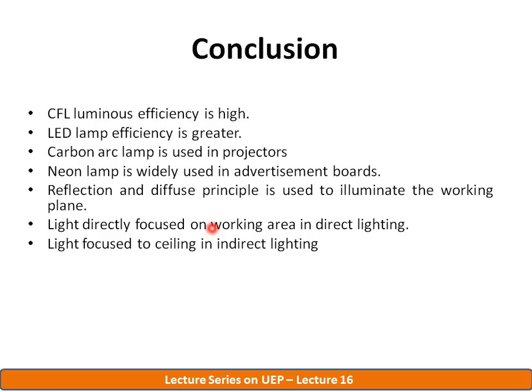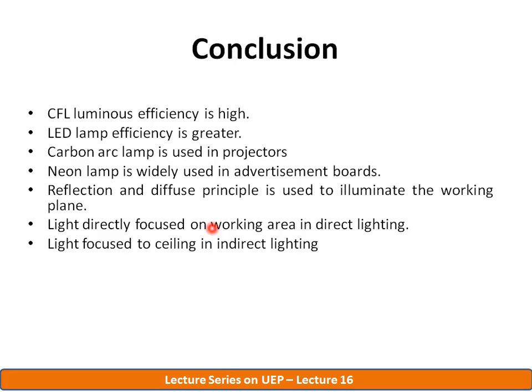From this lecture, we can conclude that the compact fluorescent lamp has greater efficiency than the fluorescent lamp. The LED lamp is compact in size, and its luminous efficiency is greatest in comparison with all other types of lamps. That's why nowadays it is also used in street lights, replacing sodium vapor and mercury vapor lamps.